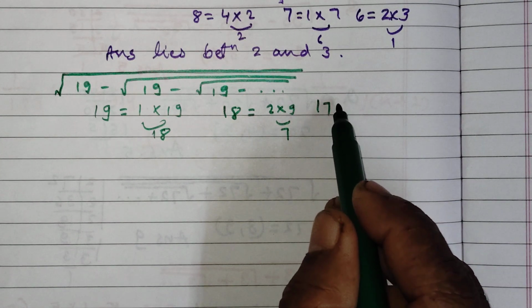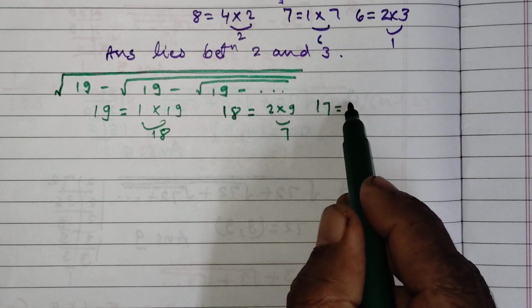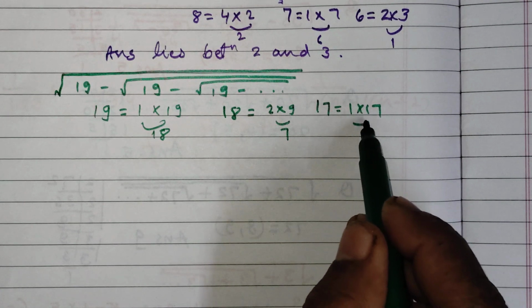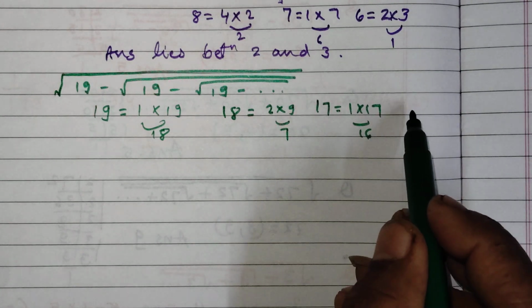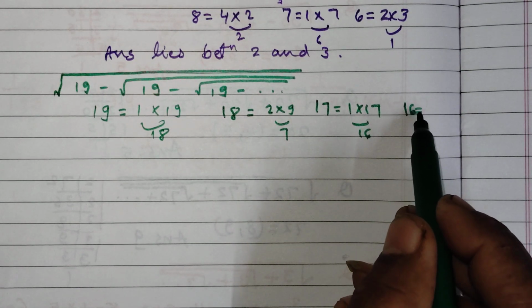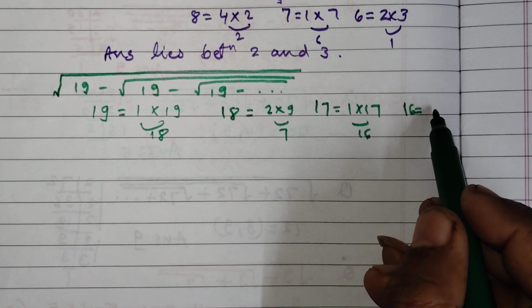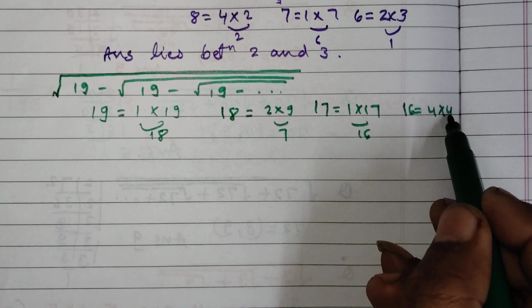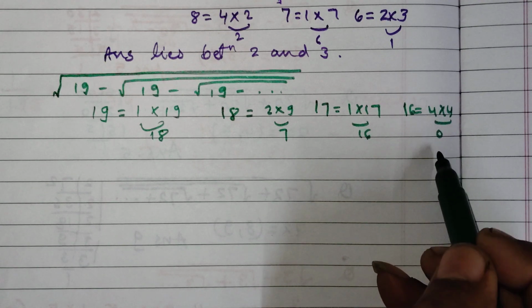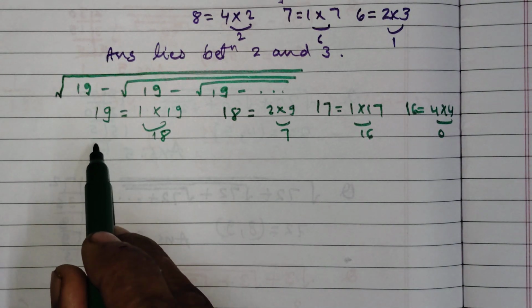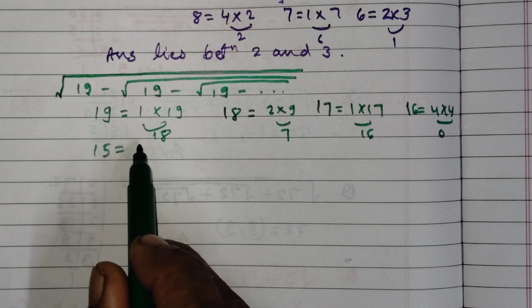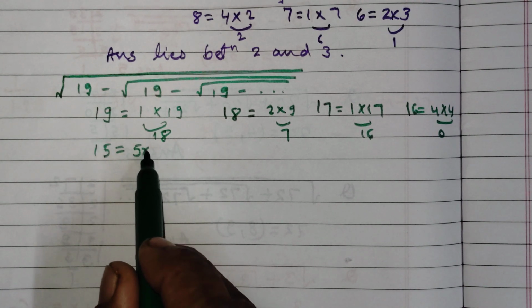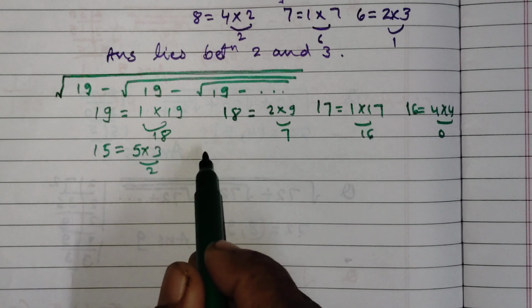Next, the previous number is 17. It has factors 1 and 17, that is a difference of 16. Next, the previous number is 16, which has factors 4 and 4 or 8 and 2, so it has no difference of 1. Next we take 15, that means 5 and 3, which have a difference of 2.